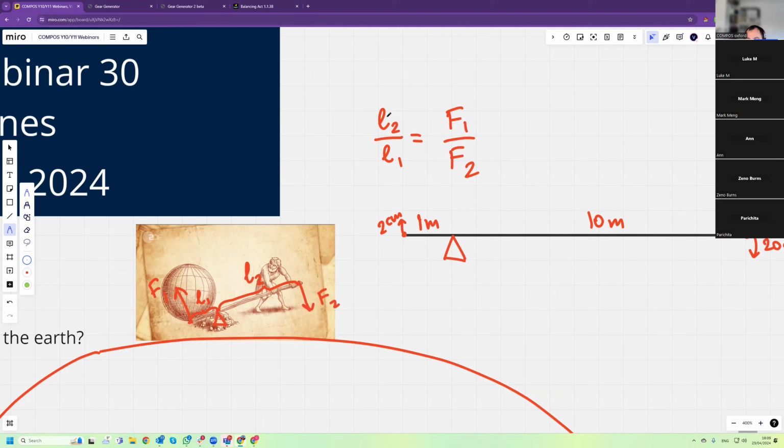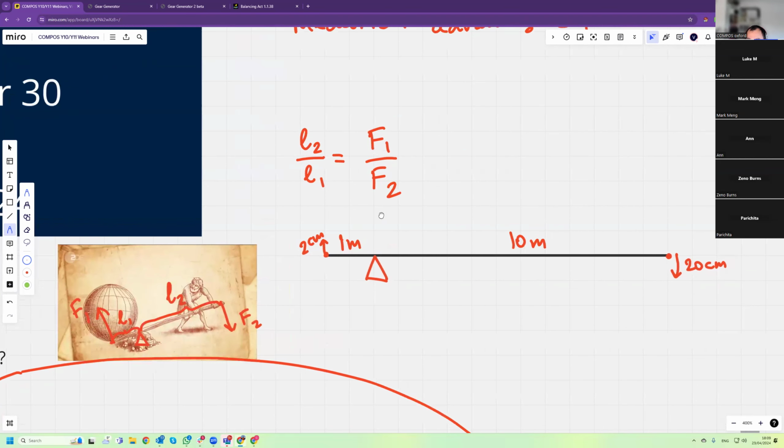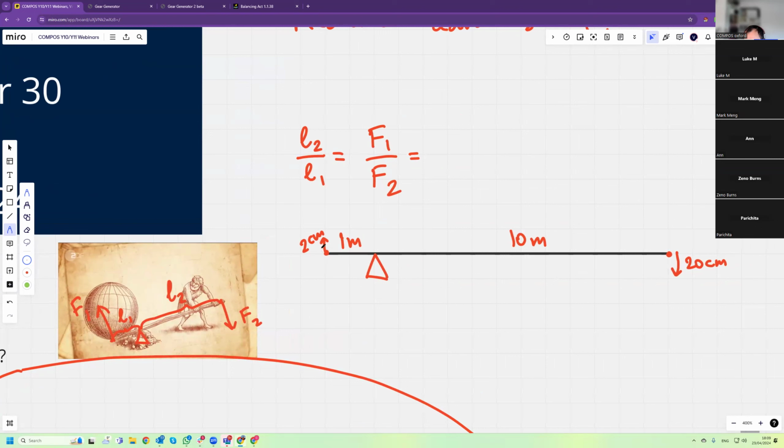So the ratio of the lengths has to be the same as the ratio of masses. But also, it is the same as the ratio of the distance moved. So let's say Archimedes moves a distance x2. This is the distance moved by Archimedes. And x1 is the distance moved by the Earth. And it's going to be x2 over x1, the ratio of the movements.